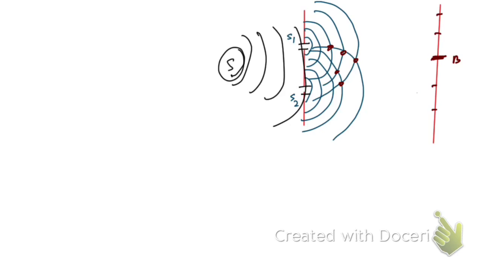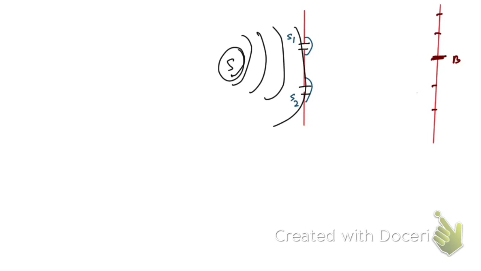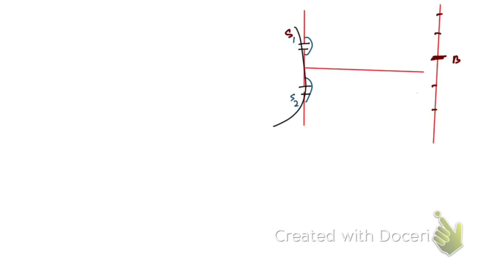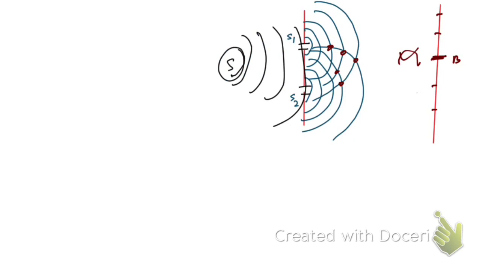Now let me clean these things first. Suppose this point O is equidistant from these two points.